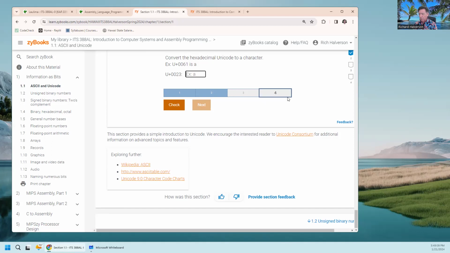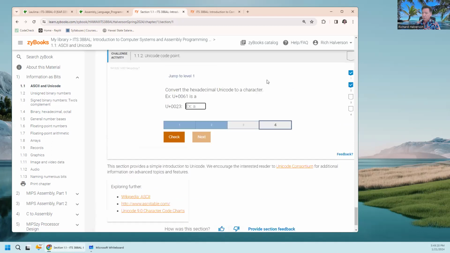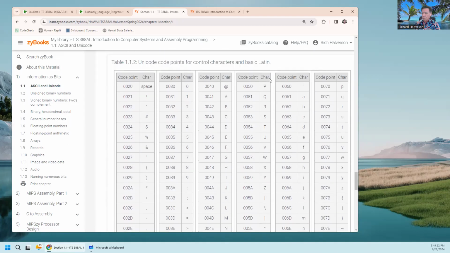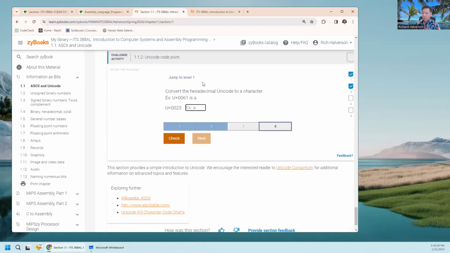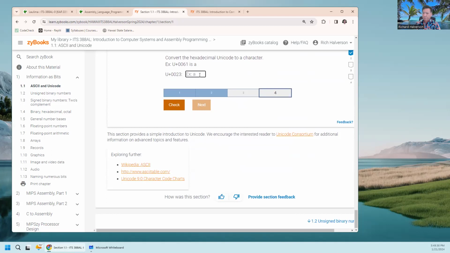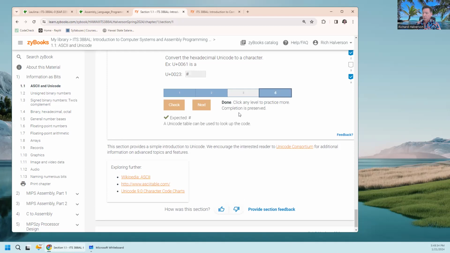I don't think you can skip to 4, but I am just to show you can do 3 yourself. Convert the hexadecimal Unicode code to a character. What's 0023? It's a hashtag, I guess. Yeah, okay.